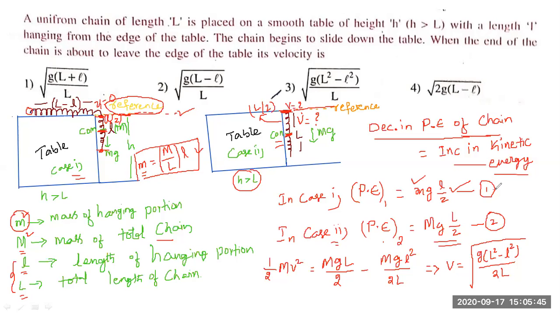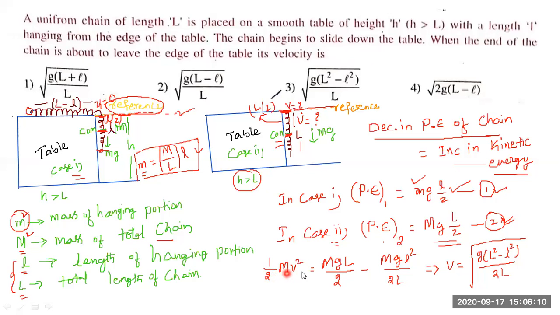So concentrate only on this first and second equation, students. The first equation is the initial potential energy at the given instant, and the second equation is the final potential energy at the moment of leaving the surface of the table. Now students, since there are no opposing forces, directly we can say that decrease in potential energy is equal to increase in kinetic energy. So apply this logic as it is.